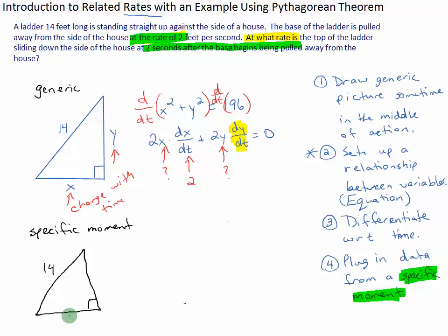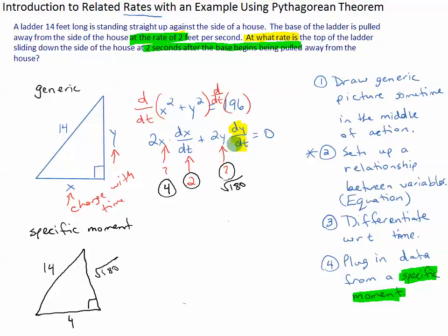So x would be 4 feet at that specific moment. The base of the ladder would be 4 feet from the house. And then we use the Pythagorean Theorem to get this side, which would end up being the square root of 180. So now we know x is 4, dx/dt is 2, and y is the square root of 180.